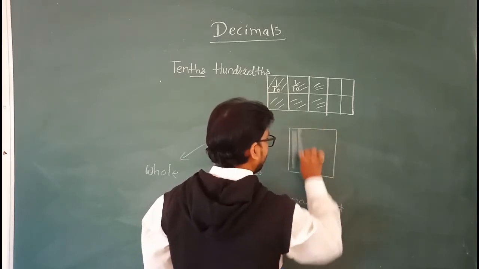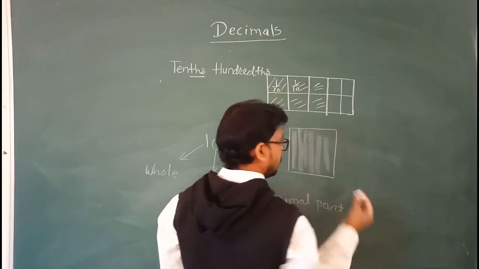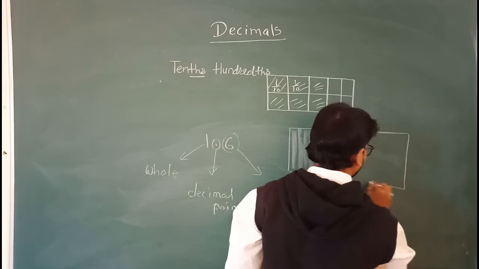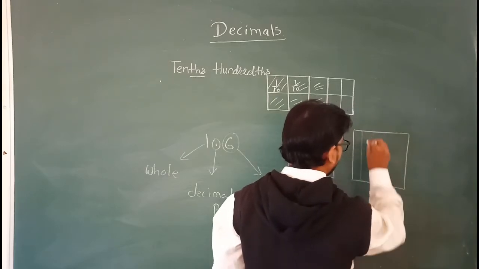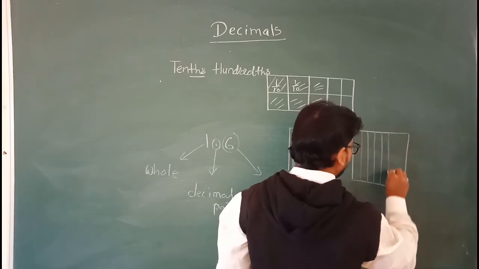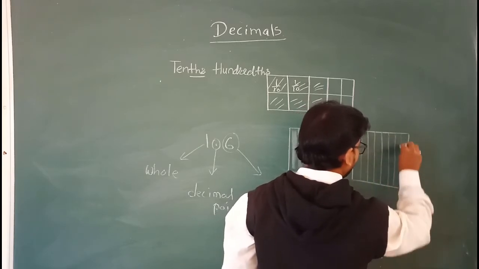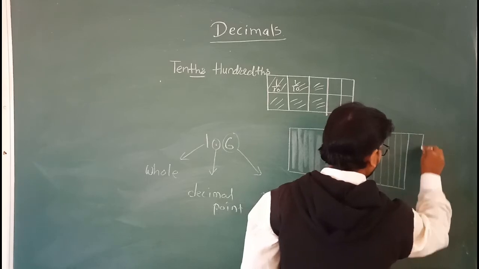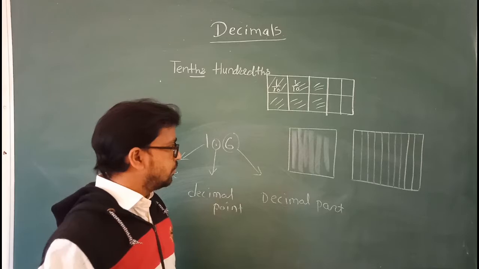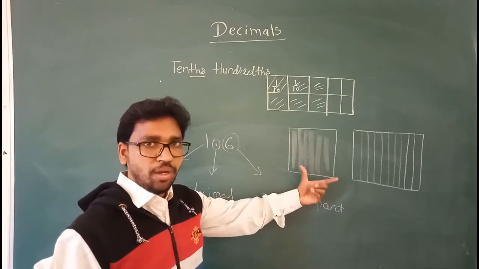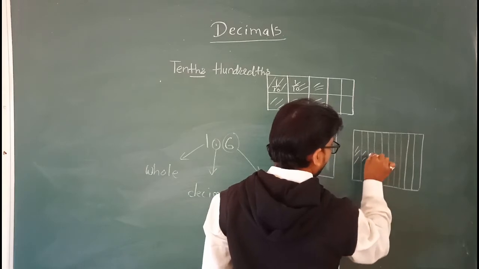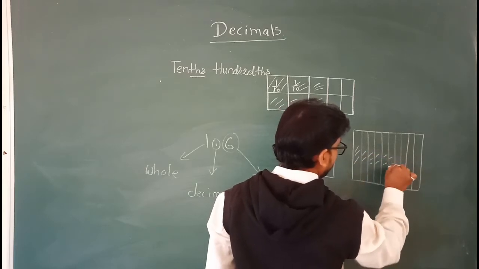One whole and 6 tenths. These 10 equal parts are there. Okay, this one whole is completely shaded, and from the next one we shade 6 parts. 1 2 3 4 5 6.